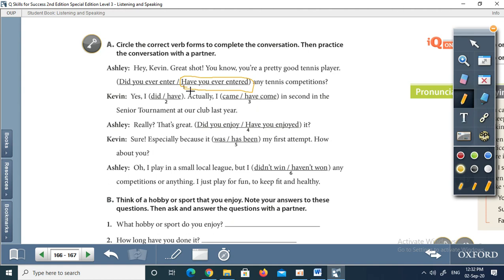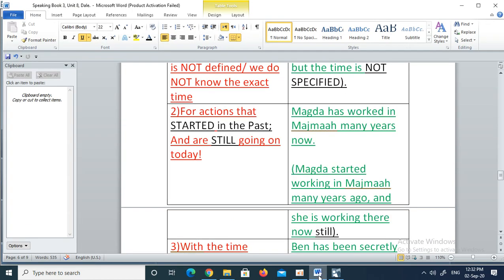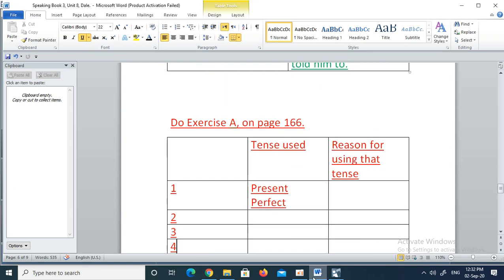And because Kevin is answering a question in the present perfect, answer number 2 should also be the present perfect.